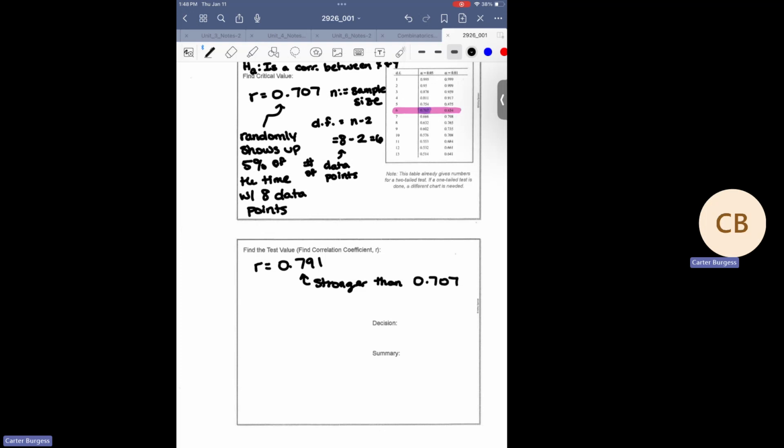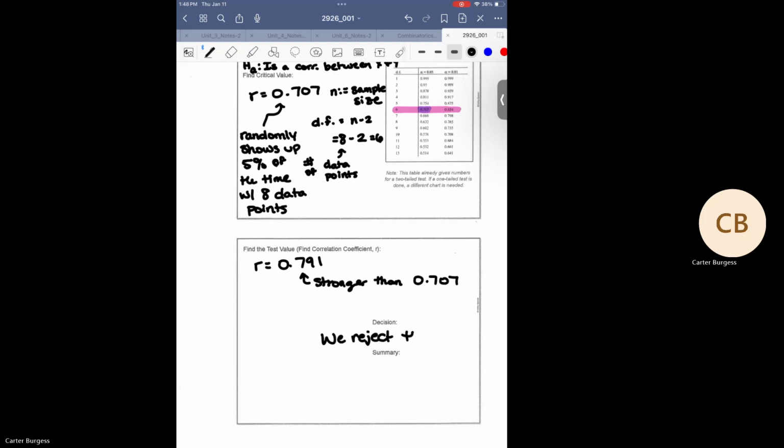And so we're pretty confident in our conclusion because we have an even harder to get, an even more unlikely event. The way we describe it is we would say that we reject the null hypothesis.